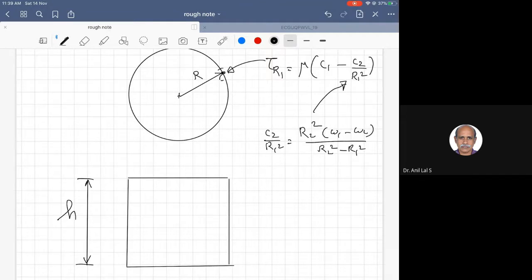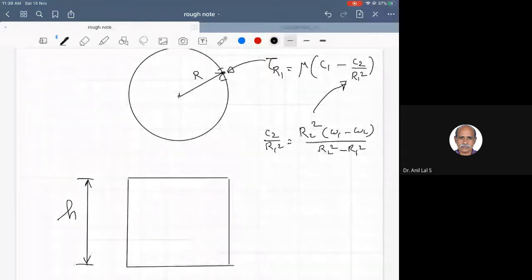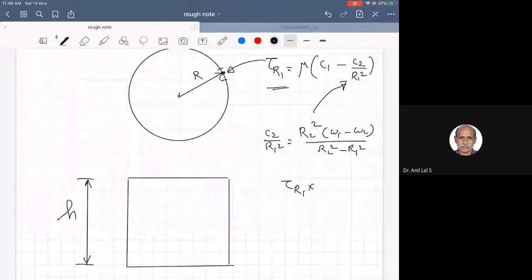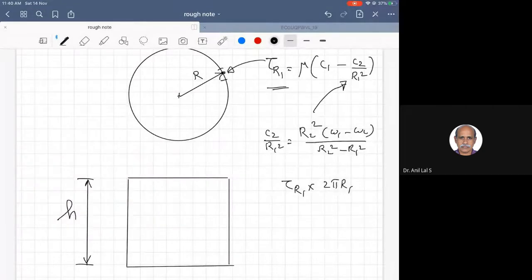Now let us consider... So the tau at R1 is the same everywhere on the circumference. It is constant because C1 is a constant, C2 is a constant. So tau R1 is a constant. Then tau R1 into 2 pi R1, the total circumference, multiplied by H, is going to be the force.